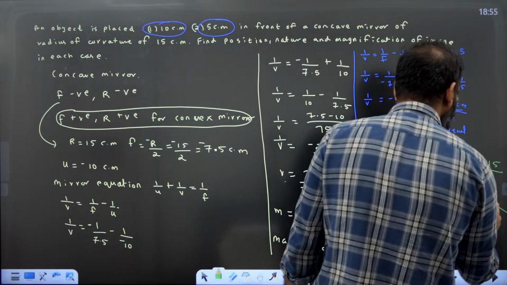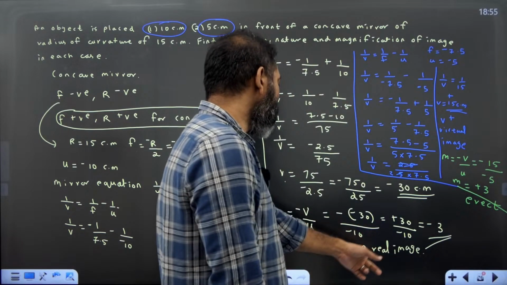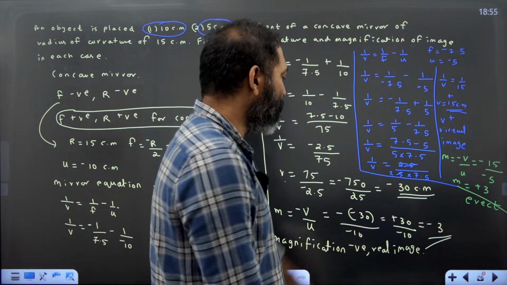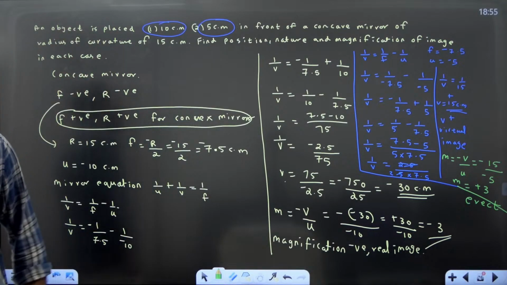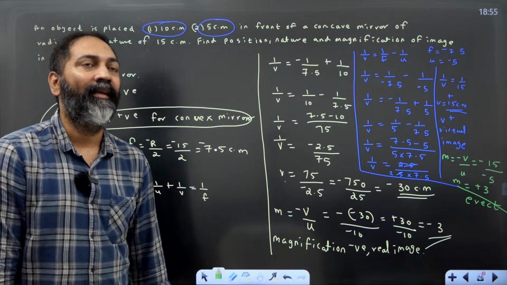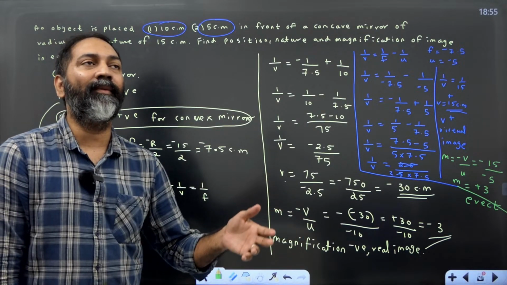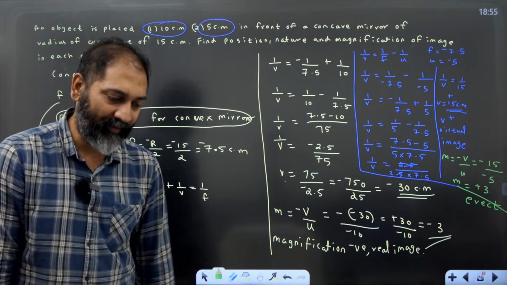Magnification positive means erect. Here magnification is negative, so real and inverted. That's the concept. Magnification negative, real and inverted. Magnification positive, virtual and erect. Image distance negative means real image. Image distance positive, virtual image.